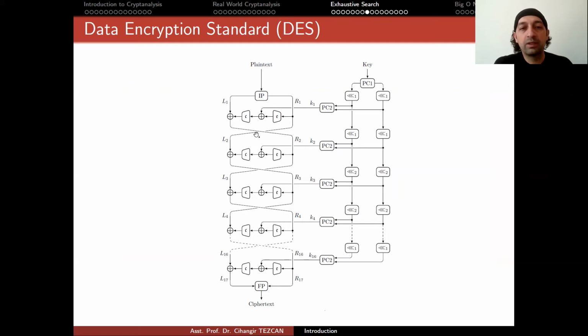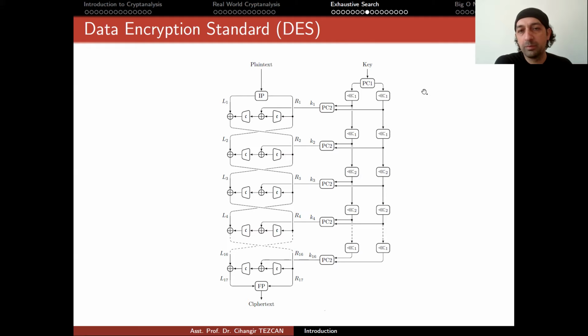So this is your round function. Initially, you have an initial permutation, but this has no cryptographic importance. This was designed so that the data can be read in a proper order for the chip in hardware. The inverse of this permutation is at the end, but it doesn't increase any security.